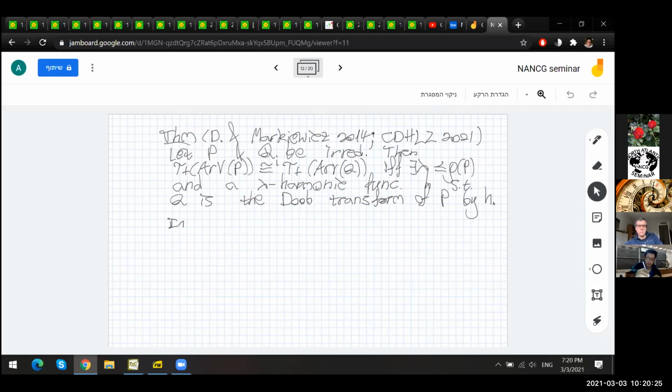So in our case, the Fock space of R_0 of P is identified with a Hilbert space.